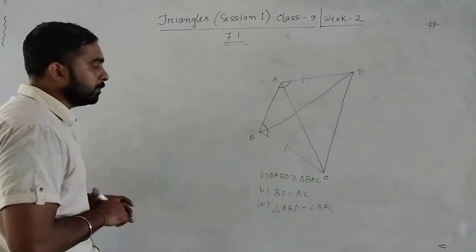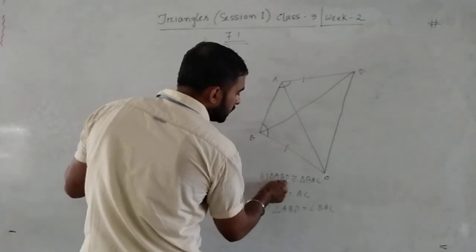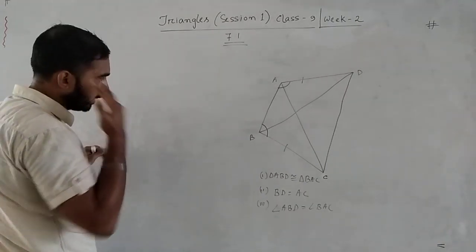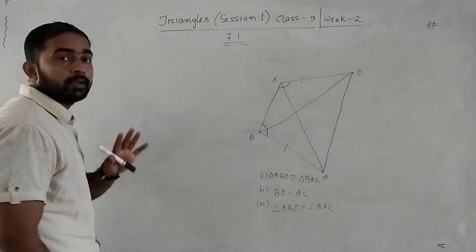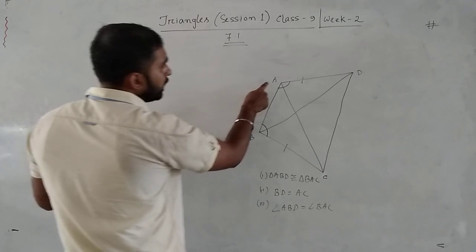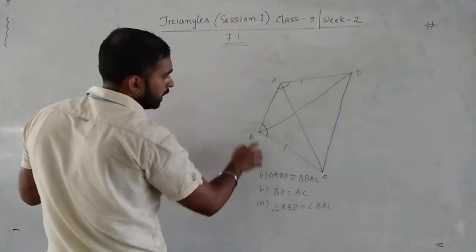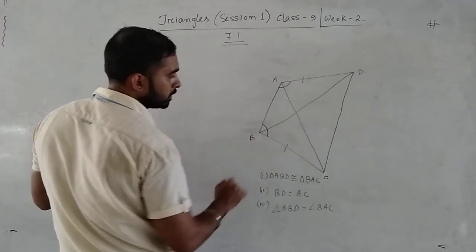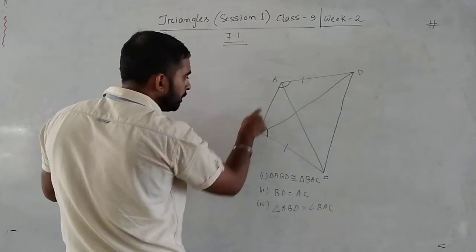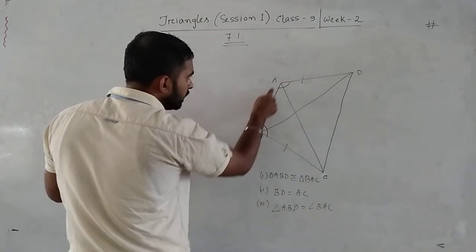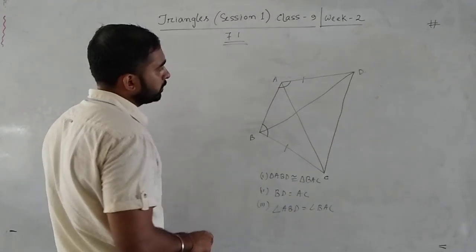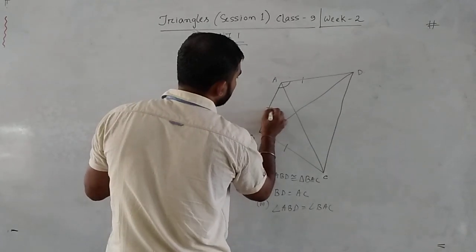So what is our first aim? Our first aim is to prove that these two triangles are congruent. And for that, we got 3 conditions. ABD, ABD means this triangle, and then BAC. Again, see, in triangle ABD and BAC, in both the triangle, AB is common or not?